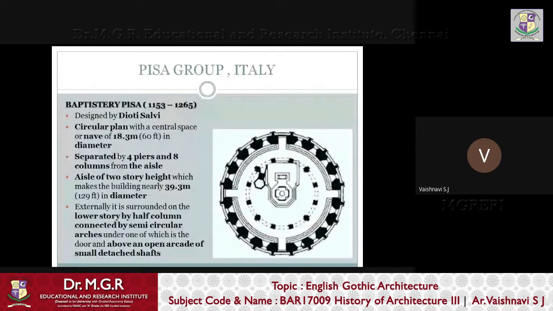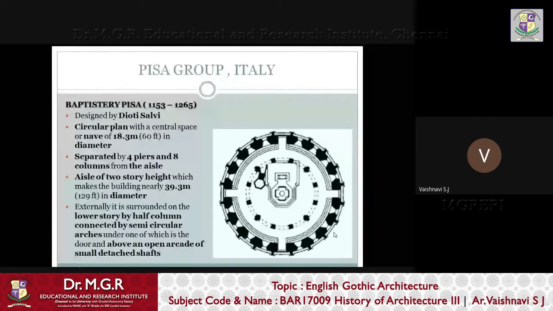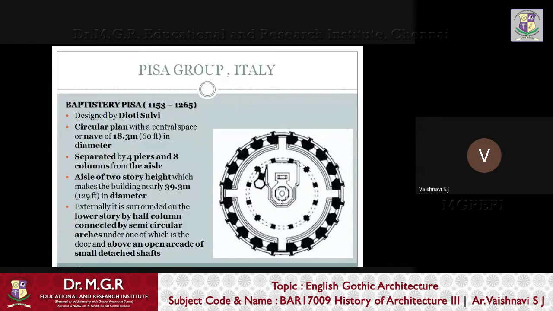So even in the baptistry you can find the difference. It was designed by architect Diotisalvi, and the period was from 1153 to 1265, and it had a circular plan. So the central space was nearly 60 feet.